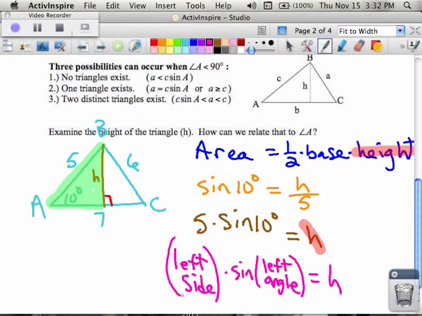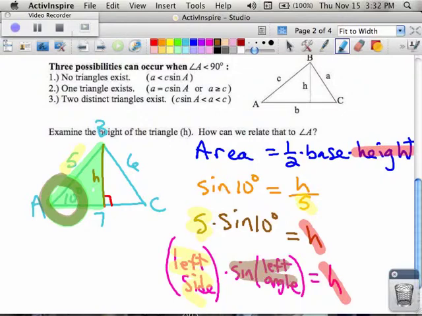So let me just show you where these are coming from again. My height, which I'm calling h, is the left side, 5, times the sine of the left angle, 10. Maybe I should use a different color, sorry. I'll use brown. And that's how they're finding the height.